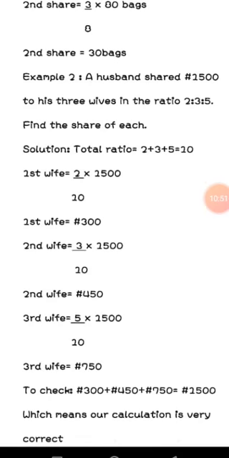Now the other page shows us the solution for the second share. How do you get the second share? Very simple. The second share is of ratio 3. So it's going to be 3 over the total ratio times the 80 bags that is being shared. 3 over 8 times 80 bags.